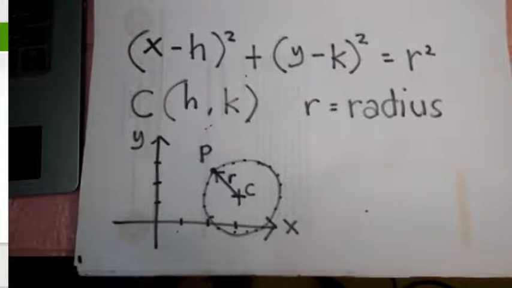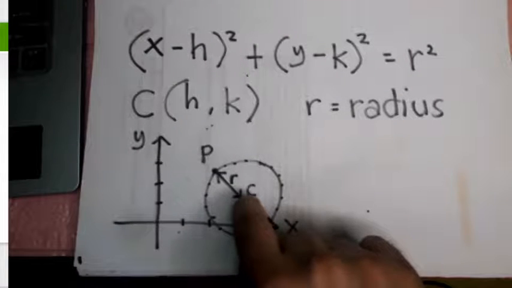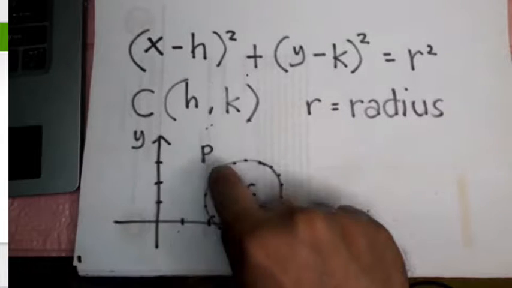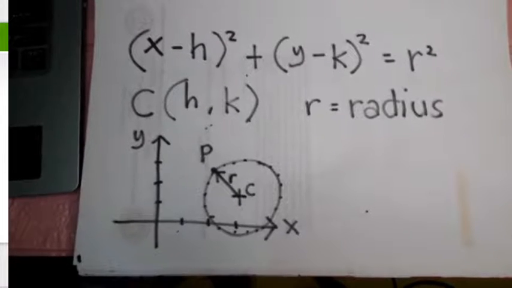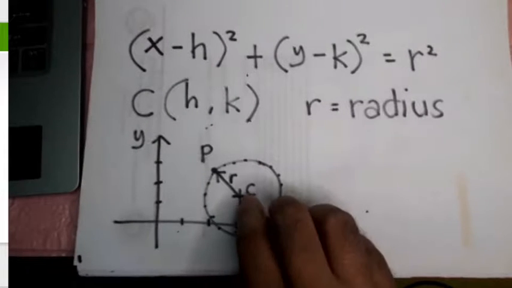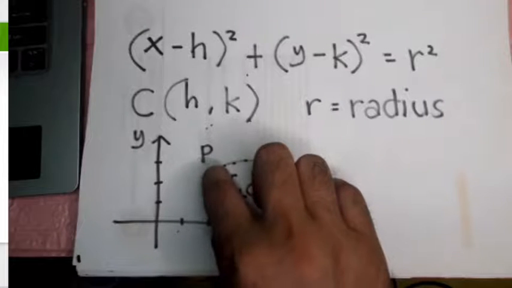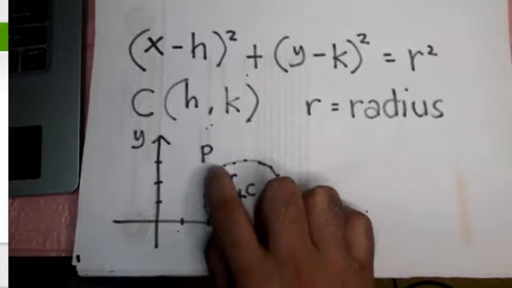Maybe we need to recall the distance formula, because there is a distance from the center to the point P. And that distance is equal to R, only if we are talking of a circle. That distance from center to point P is constant for a circle. So, we have to recall previous knowledge of the distance formula.